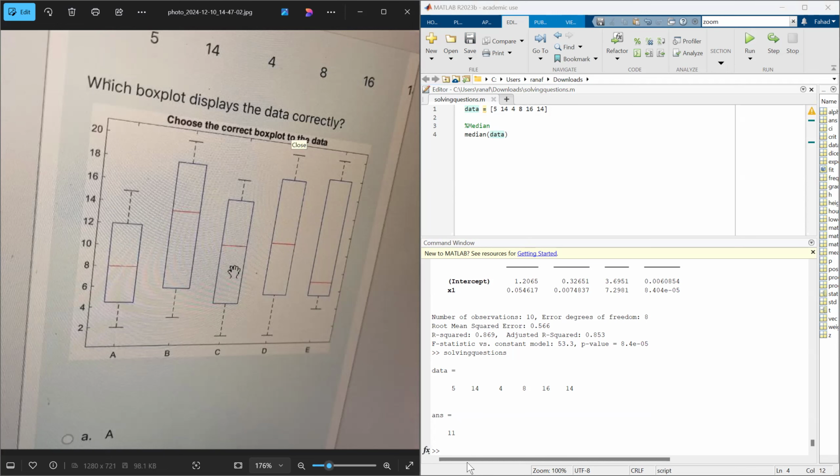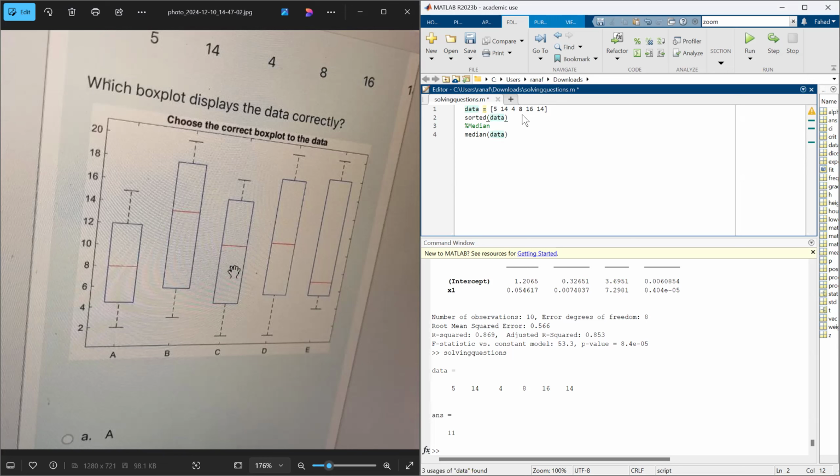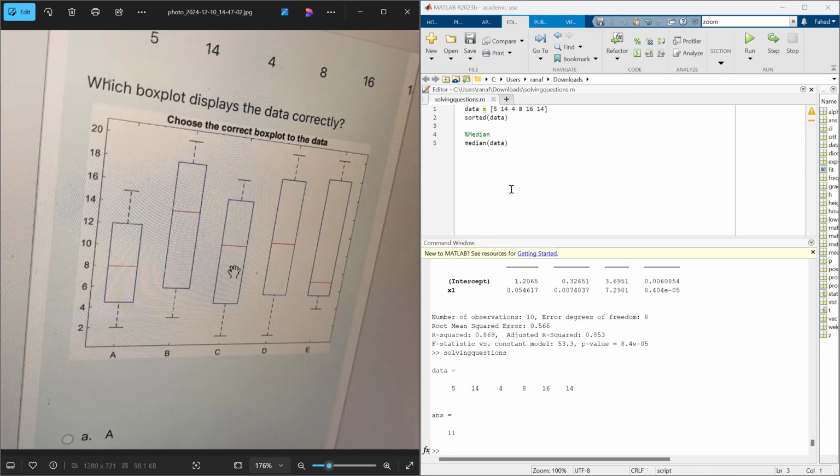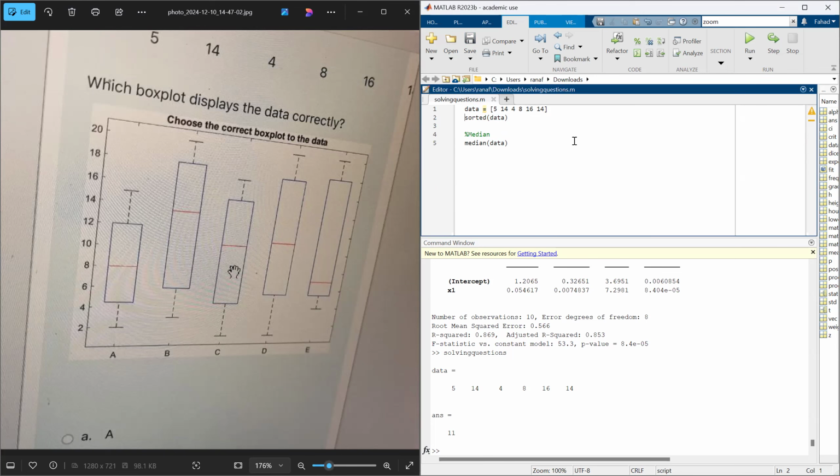Oh, I need to sort first. How do I sort? I think like this. That's how I sort in MATLAB, right, Ricardo? Ricardo, I just got confirmation from Sadman I don't need to sort. You know what?